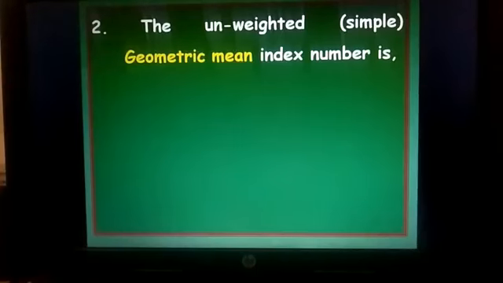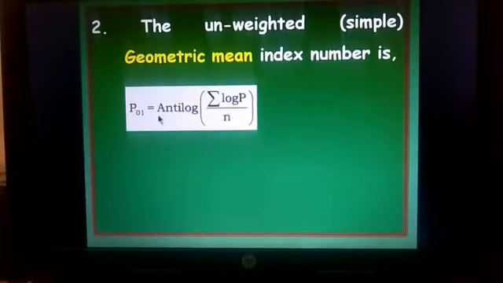That's why this is antilog of sum of log x, which was there earlier, but instead of x, P will be replaced here. So sum of log P divided by N. And obviously this capital P is nothing but P1 divided by P0 multiplied by 100, because it is geometric mean unweighted or simple index number of price relatives.